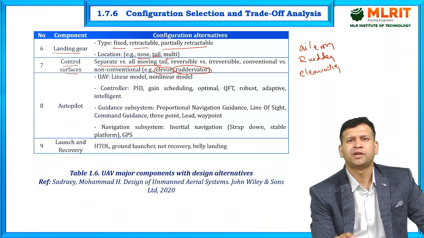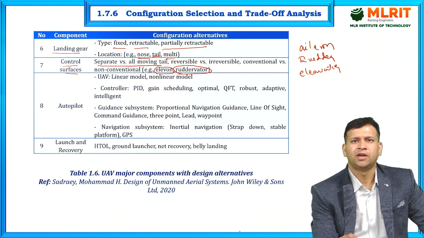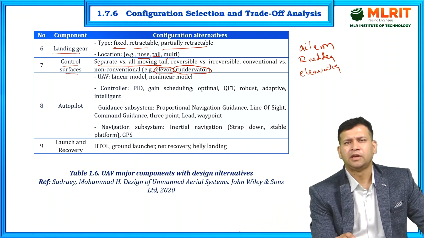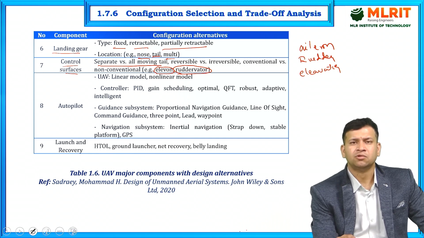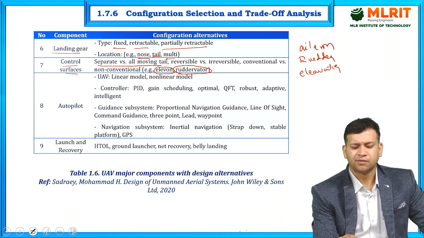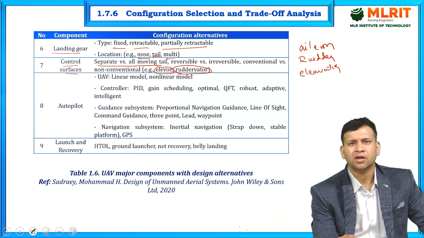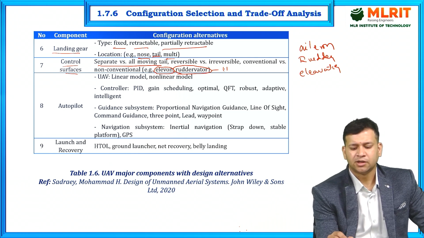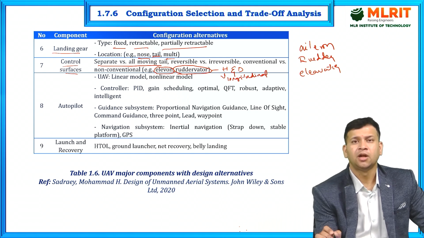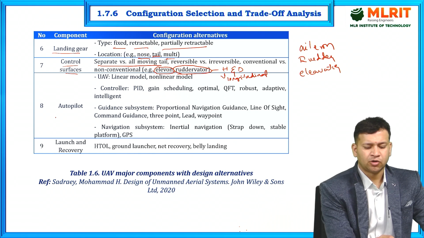If we have a tailless aircraft, then we can go for elevon, or if we want to use only one control surface, then we can go with the ruddervator, which can provide both longitudinal and directional stability.